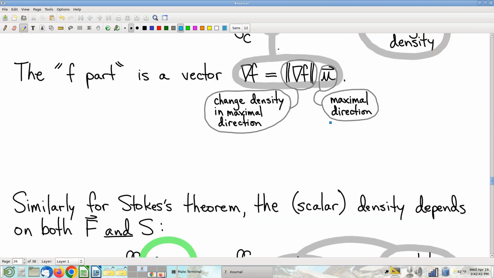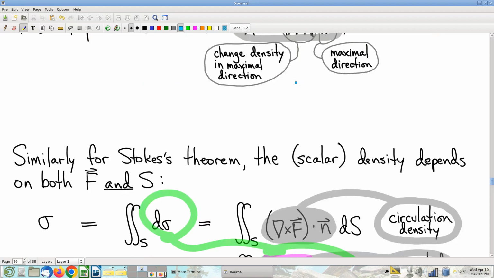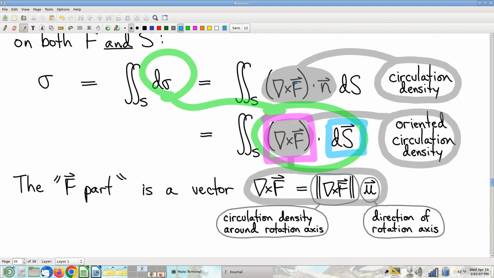Just like dx is oriented size, likewise ds is oriented size. It's telling you about both the size and the orientation. So oriented size, and as such, curl, I propose, should be thought of as an oriented density. And what kind of oriented density? Well, we're talking about circulation after all, and so therefore oriented circulation density.